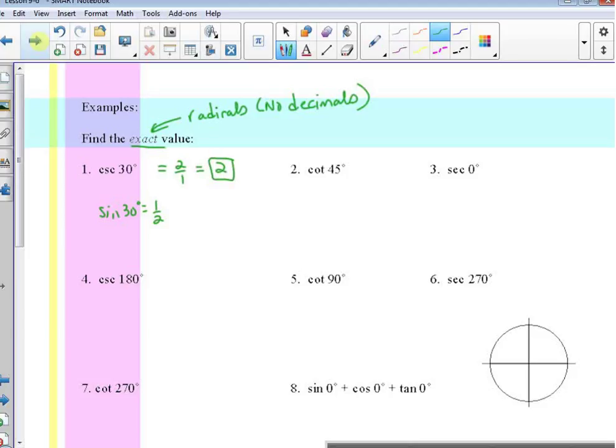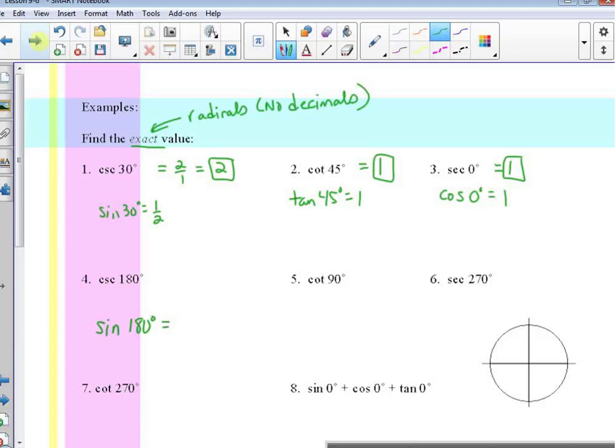The cotan of 45 relates to the tan of 45. Well, the tan of 45 is 1, so the cotan of 45 is also 1. It's just a reciprocal. The cosine of 0 degrees was 1, and the reciprocal of 1 is 1. The cosecant of 180 would relate to the sine of 180.